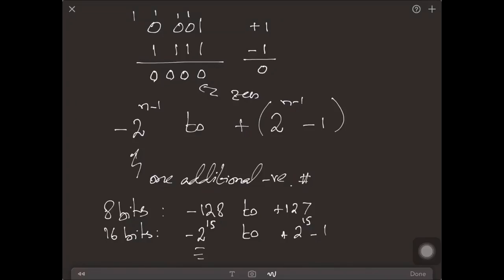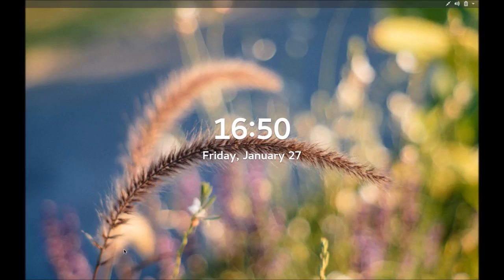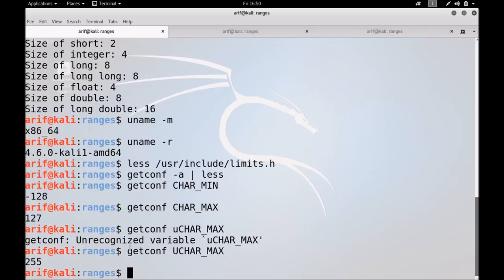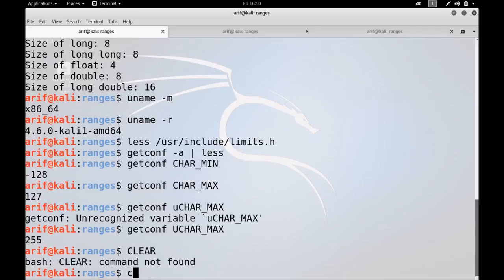Now, after having an idea of this, let me move on to the console, and let's find out the ranges of different data types using the same concept. To save time, I have written a program for you.